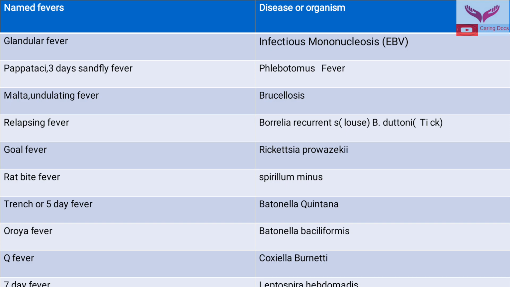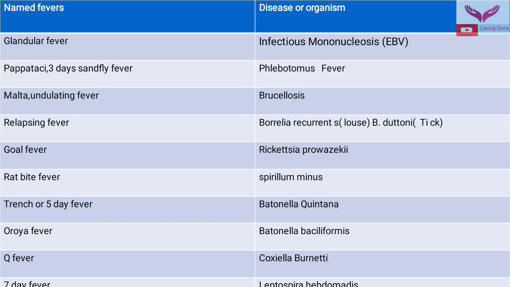There are some named fevers. Glandular fever is the term used for infectious mononucleosis. Pappataci, 3 days, or sandfly fever is phlebotomus fever. Malta or undulating fever is the term used for brucellosis. Relapsing fever is seen with Borrelia recurrentis and Borrelia duttonii. Gaol fever is seen with Rickettsia prowazekii.